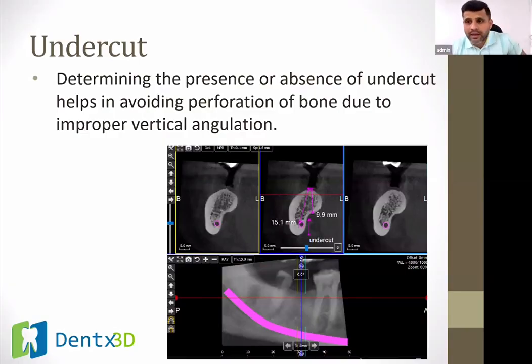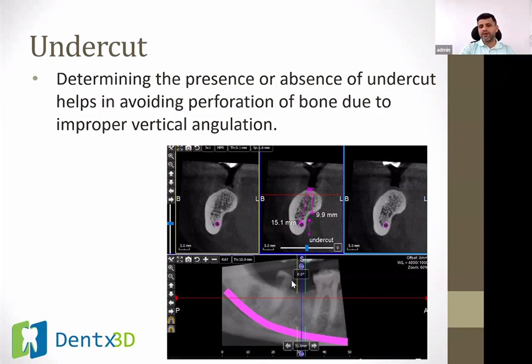Presence of undercut. Like I said during landmarks, the mental fossa or the sublingual salivary gland fossa provide an undercut, and if we drill below through that, we will end up in the submandibular fossa.